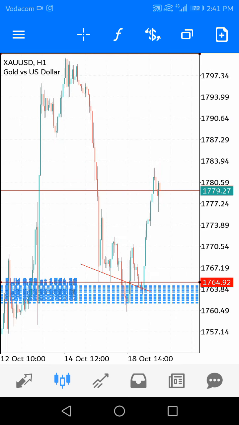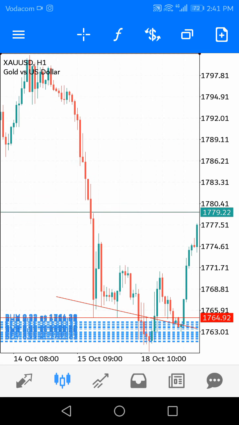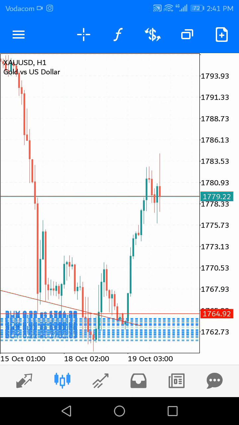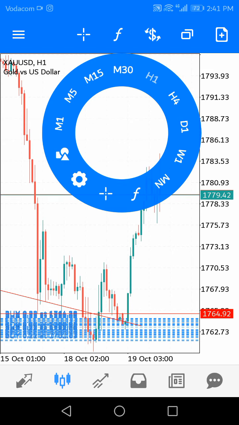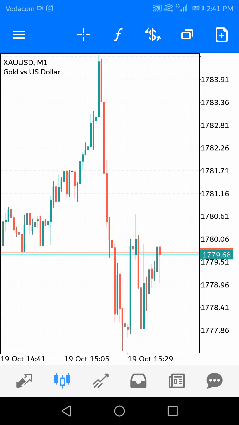When you get to H1, you'll realize that we have some form of a triple bottom. This is the first leg, the second leg, and the third leg. The first shoulder, the head, it's an inverted head and shoulders. So normally when we have our inverted head and shoulders, a candle that will form from that last shoulder is normally the one that is leading to the bulls, as it did yesterday.